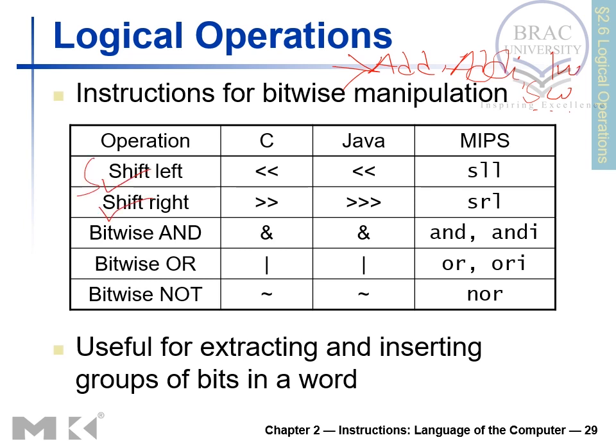When we discuss hardware, shift left means shifting left by one bit or by a defined bit length, and shift right is shifting to the right. Then we have bitwise AND operation, bitwise OR operation, and bitwise NOT operation.